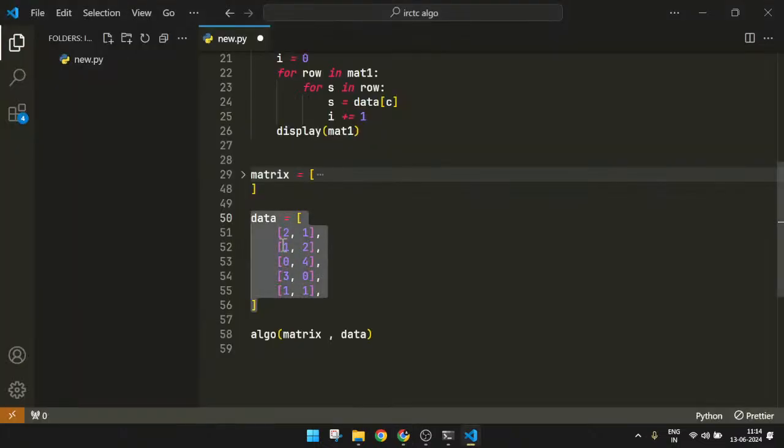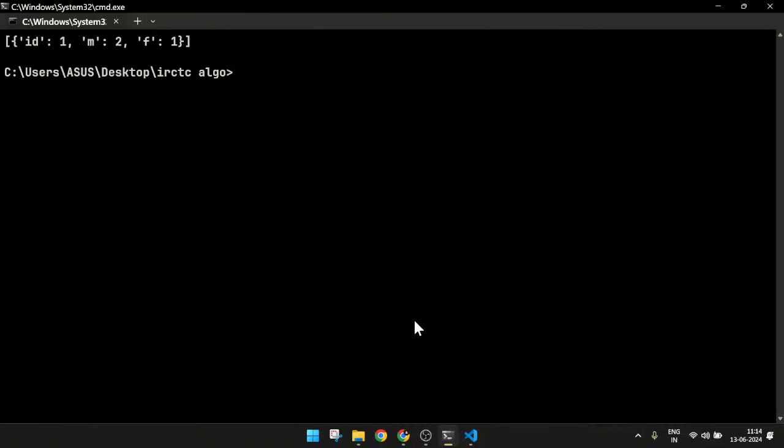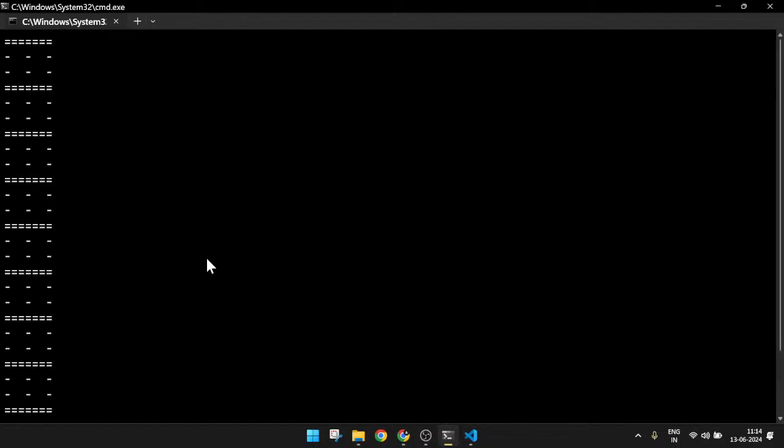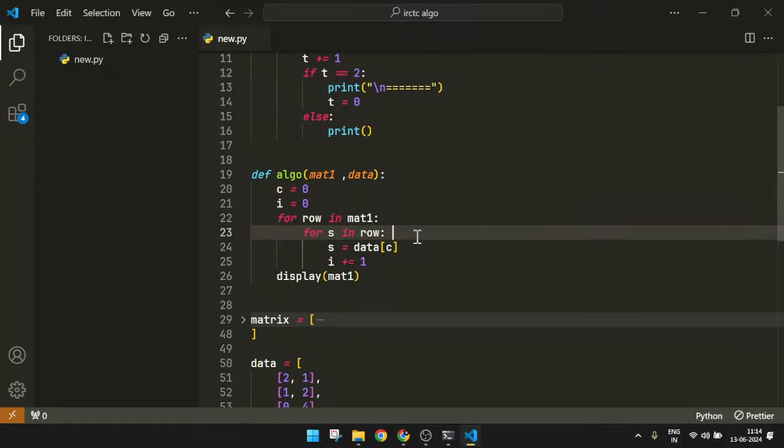So I should get something like... I got nothing. Why? I want to change, bro. I'm not able to change. I cannot modify the matrix or what? Ouch! Okay.